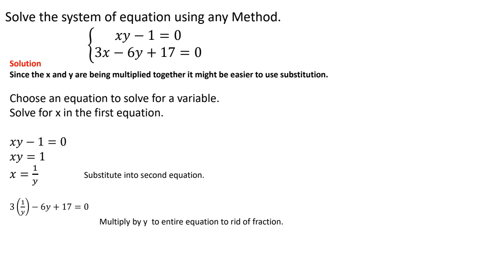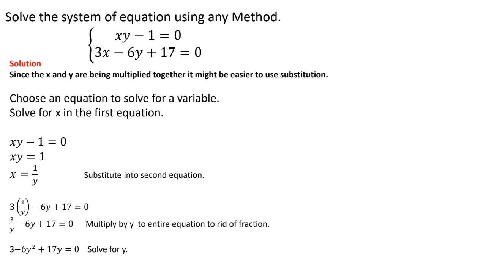Let's simplify by distributing that 3. So we have 3 over y minus 6y plus 17 is equal to 0. Let's get rid of the fraction by multiplying the entire equation by y. I get 3 minus 6y squared plus 17y equals 0.